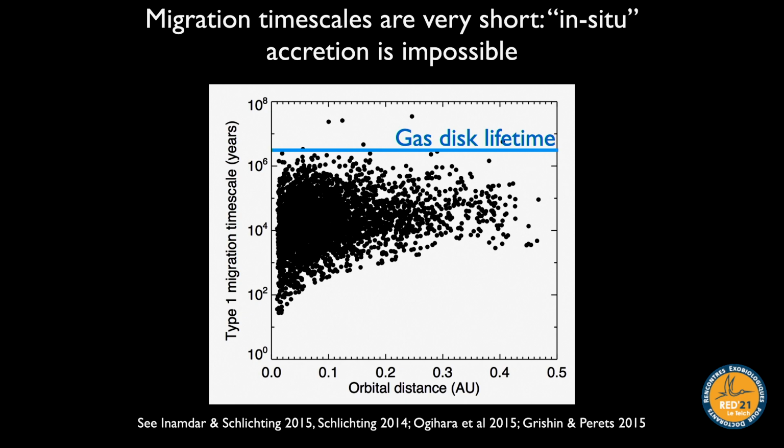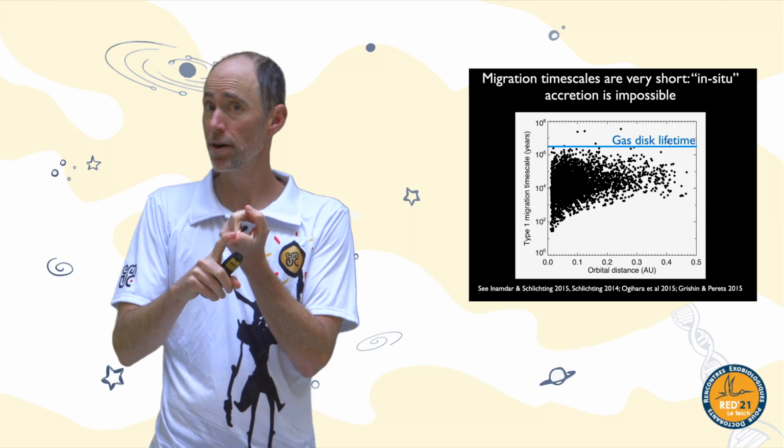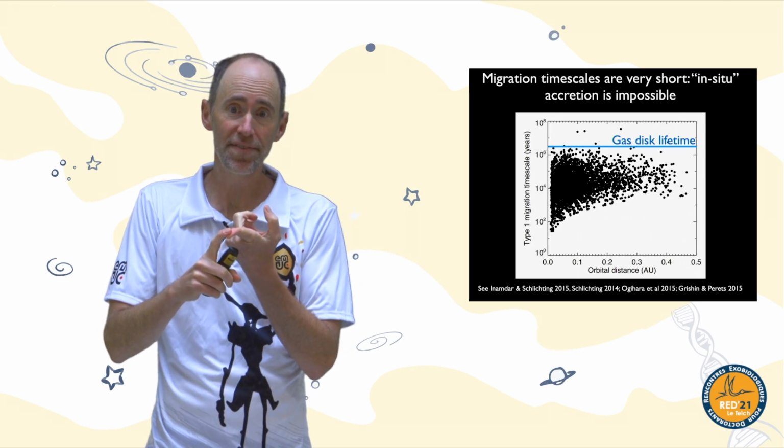And so this graph is showing basically a simple measure of a migration time scale on the y-axis as a function of distance. And each of those dots is one super Earth planet. And I made some simple assumptions about what the gas disk looked like to calculate a migration time scale. So we know these planets, if they formed where they are, would form really fast.